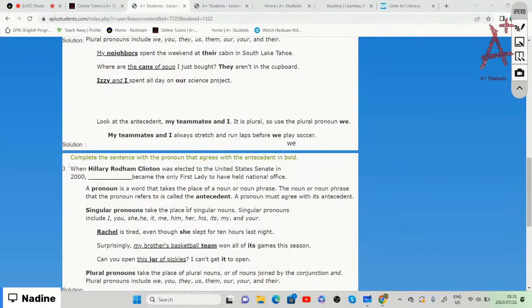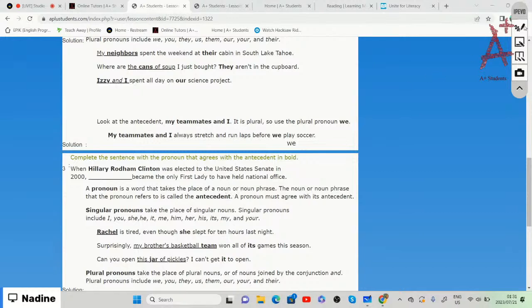When Hillary Rodham Clinton was elected to the United States Senate in 2000, do we say she became the only first lady to have held national office, right?